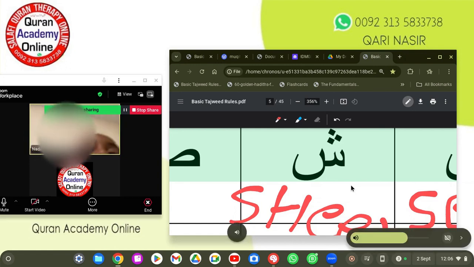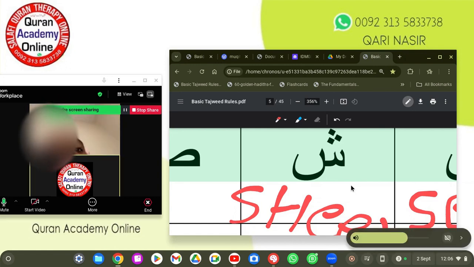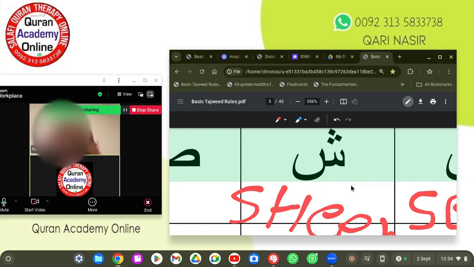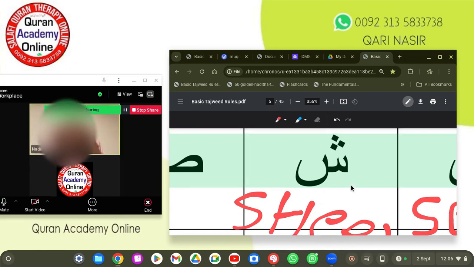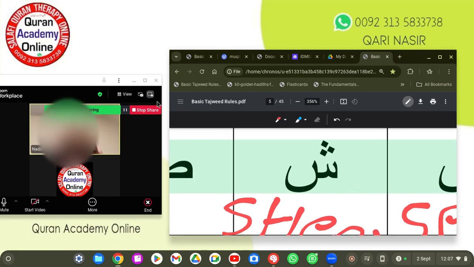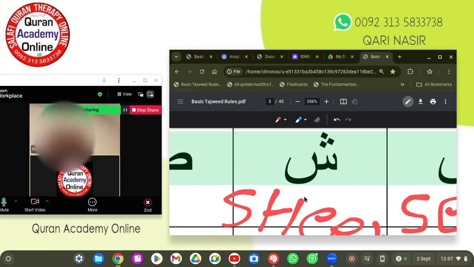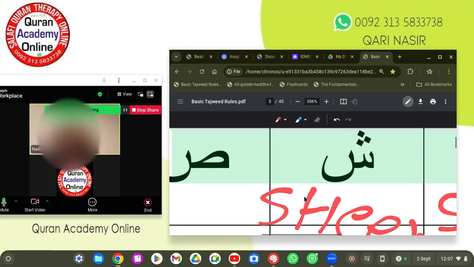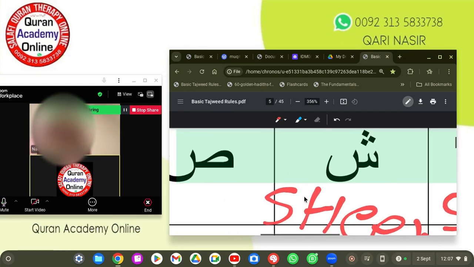Only one letter you will read. It's your practice exercise. Seen. Sheen. This one, with 3 dots, is your lesson only.